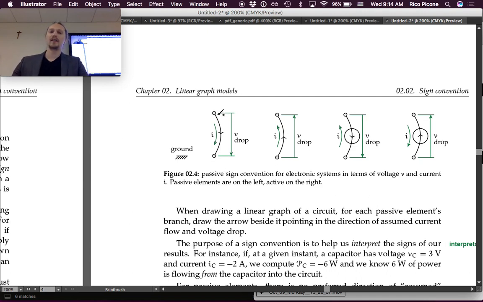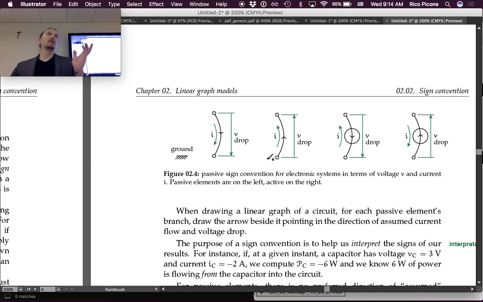So maybe the assumed voltage drop is from top to bottom, in which case the assumed current flow must also be in that direction. Well, maybe the assumed voltage drop we're going to take to be from bottom to top.